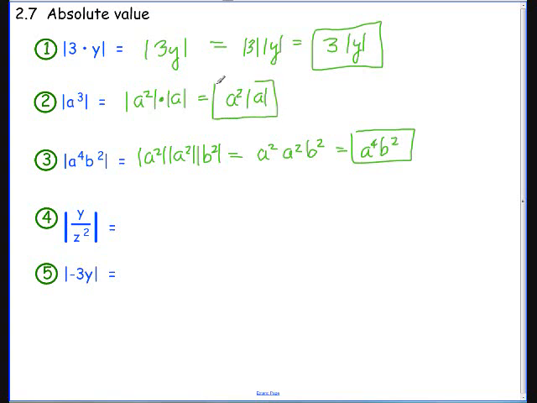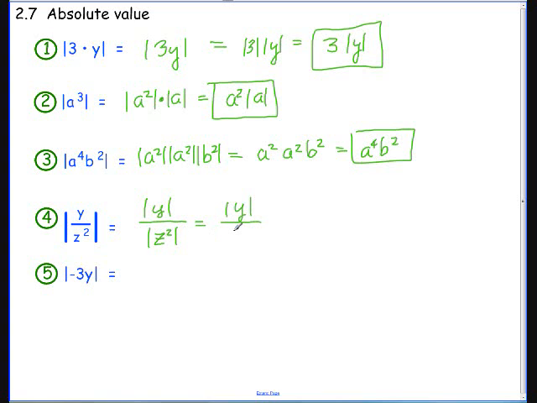All right, this next one looks a little more complicated. Let's write it out this way: the absolute value of y divided by the absolute value of z squared. Here again, when we have something squared, there's no potential for us having to change it from negative to positive.